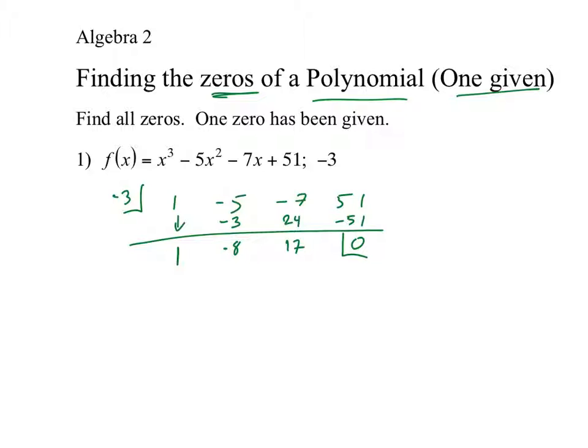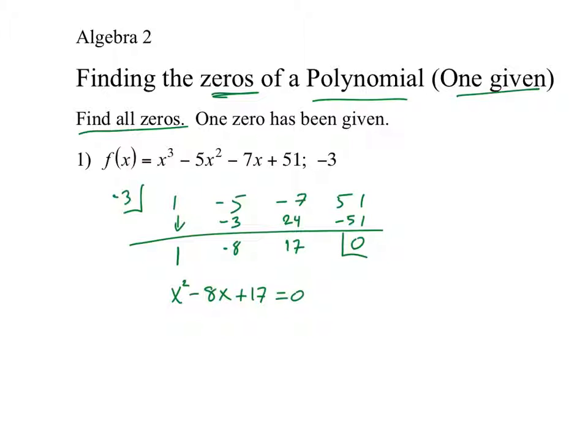Right? So now, once I do the division, I have x squared minus 8x plus 17 equal to 0. And it's asking me to find all the zeros, so I have to simplify that. We are looking for two numbers that multiply to give 17 and add to give negative 8.